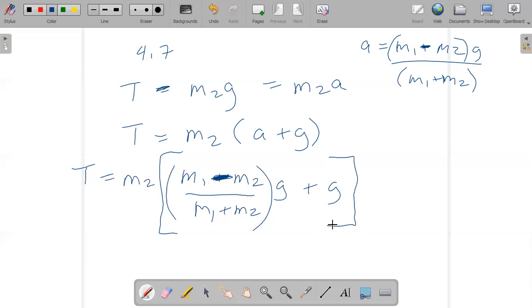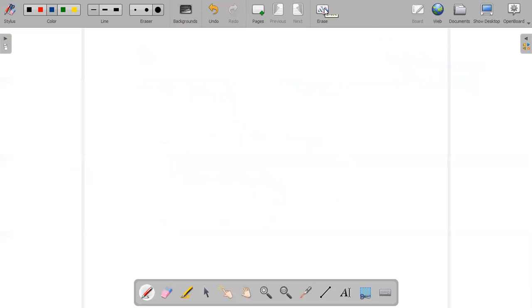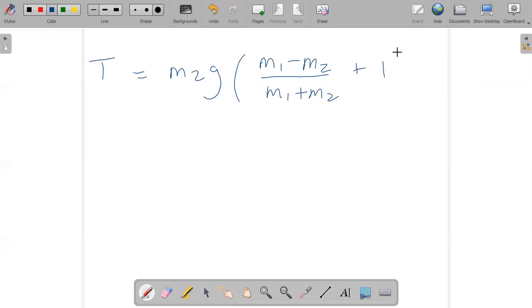All right, so take that down. I'm erasing it. So now I'm going to have T equals M2G, I'm taking G out, times M1 minus M2 over M1 plus M2 plus 1.